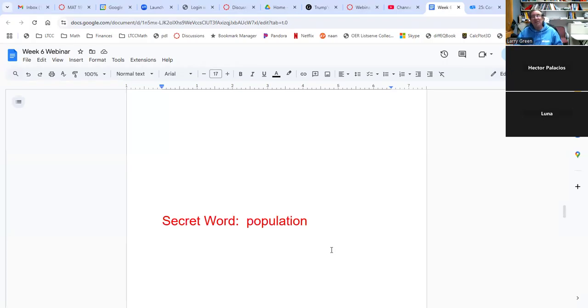As I mentioned, if you don't use the word population in talking about the confidence interval, then you're going to lose points. And if you don't remember the secret word is population, then you'll lose points. So population is our secret word. Now we're going to talk about more stuff. I changed it a little bit instead of putting it at the end. I want to make sure people who are watching this not live don't just go to the end to find the secret word and not pay attention to the video. So that's why I didn't put it at the very end.